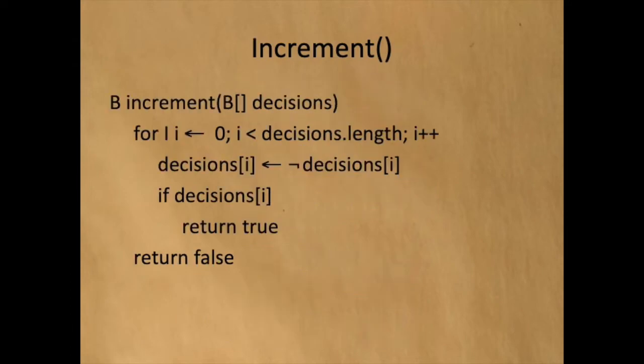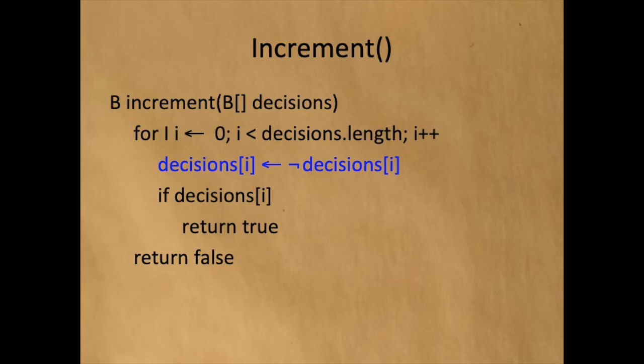The increment function works like this. The loop processes the bits in order from least significant to most significant. This assignment statement increments the next bit. If it was a 0, flipping it increments it to a 1. If the bit was a 1, then incrementing it will create a 2, which is a 1, 0.